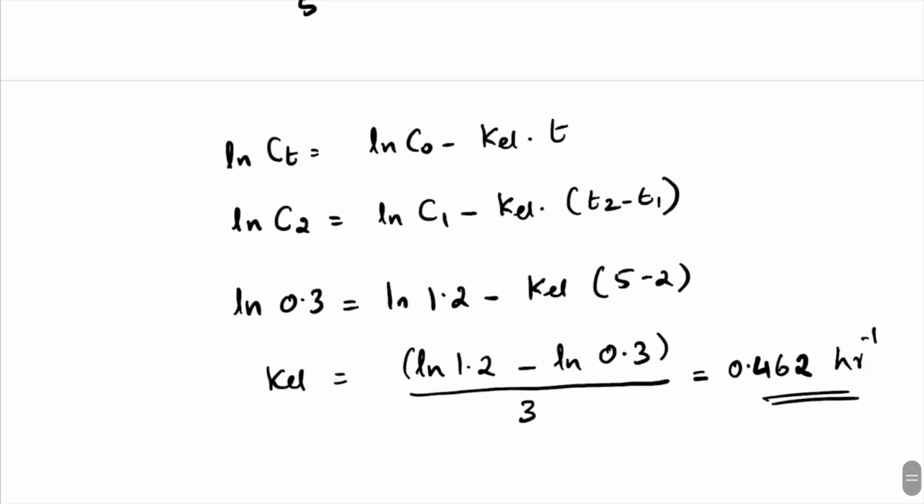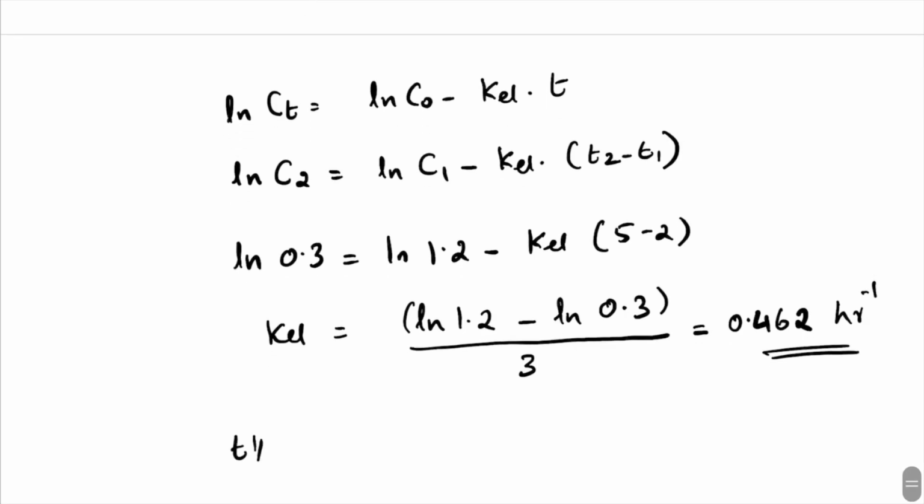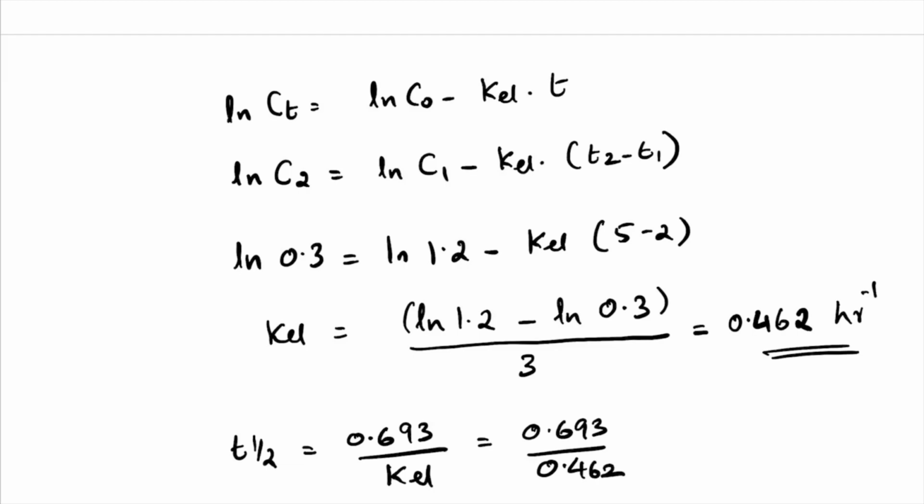The next thing is to calculate the half-life. We know for a one compartment open model, T half is equal to 0.693 divided by KEL, which is 0.693 divided by 0.462, is 1.5 hours, unit hour. So that's the half-life. And that's a KEL.